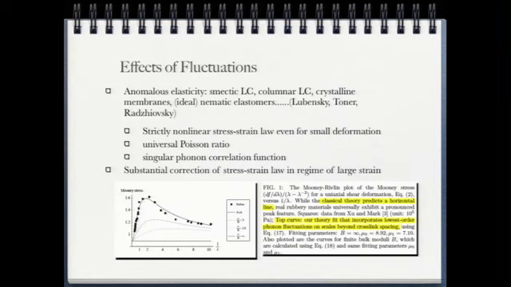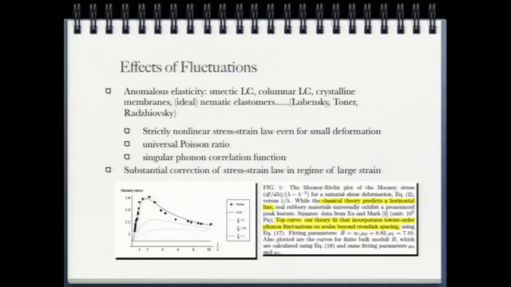In this system there is no anomalous elasticity like the first class. For infinitesimal deformation, the elasticity is linear, there's no problem. But if you look at the large deformation behavior, then there are large corrections to the elasticity due to these long wavelength fluctuations. This is a result which we plotted in our paper.